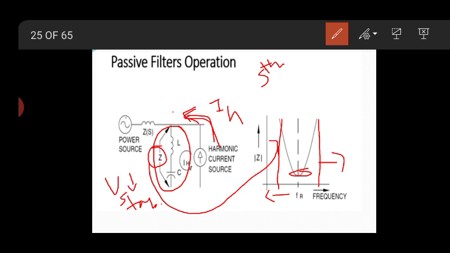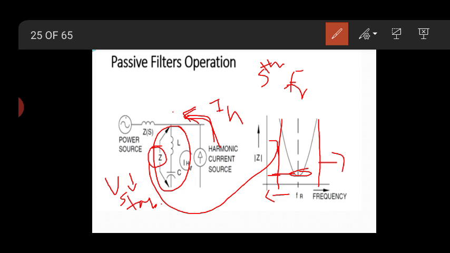FR is the frequency of resonance. At the frequency of resonance the impedance will be lower.